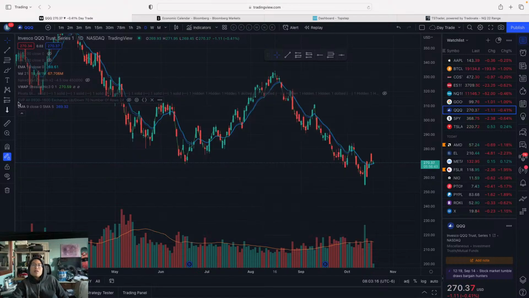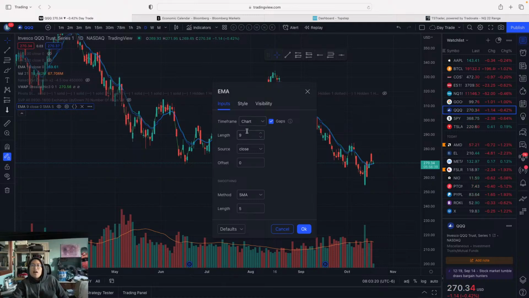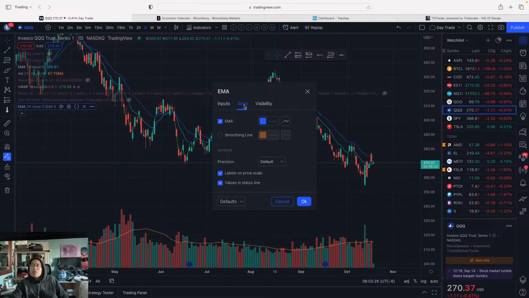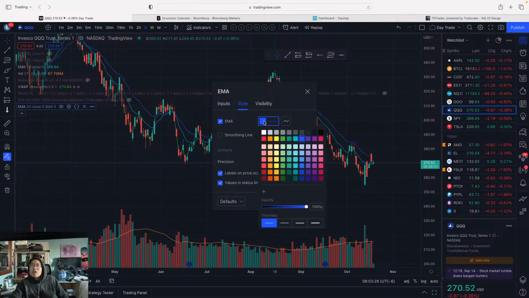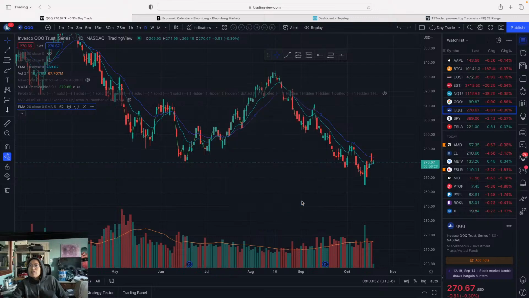Here we go. Edit that. I like to use the 20. I don't know what this is, but we'll leave it there. And I usually do purple for the 20. So all right, well through the 20. Very cool. Right now it is sitting at the 10.